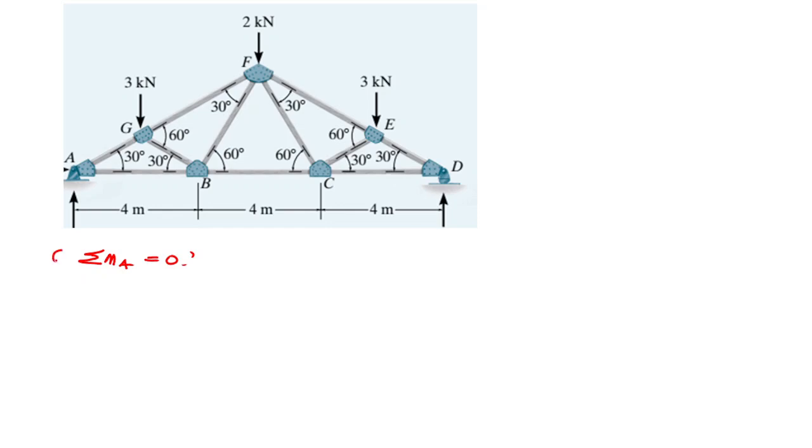If we say this is our positive direction, that will be 3 times 2, plus 2 times 6, plus 3 times 10, equal to RD times 16.